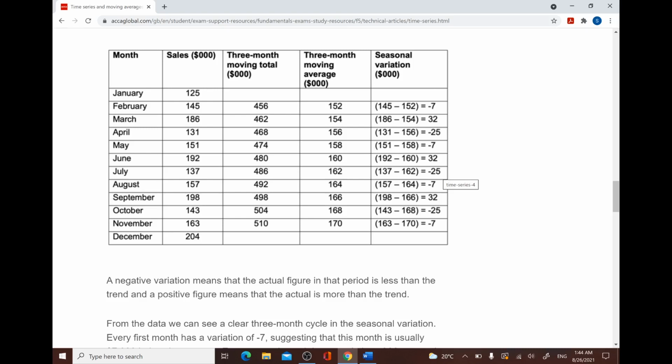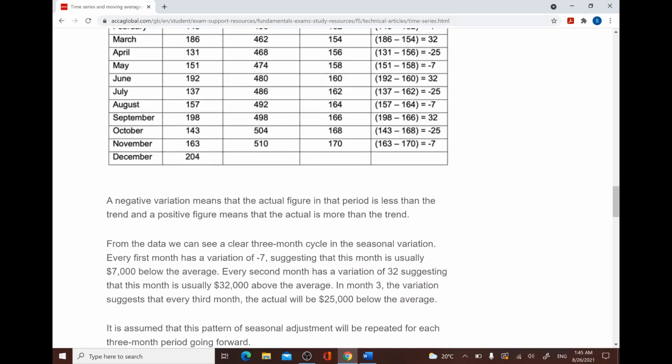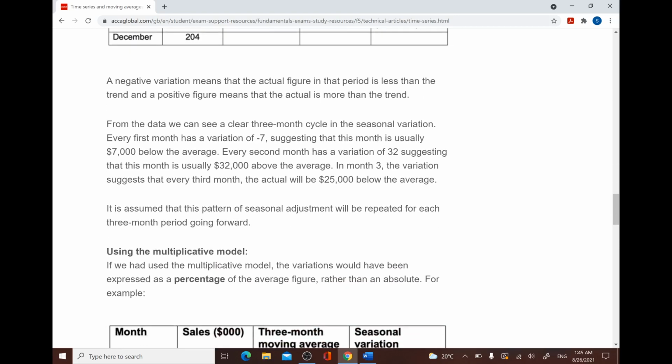But when it comes to March, or probably the month of June, or even in September, the sales will increase by $32,000. Okay, so based on this example, the trend is just nice for you to see, it's quite consistent. But I believe that in some of the exam questions, it won't be that case, because every single month we expect the seasonal variation could be different.